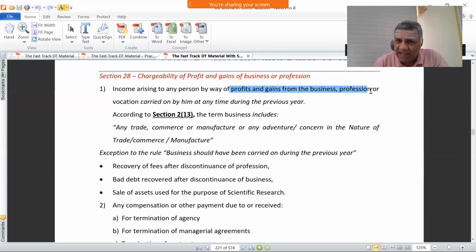Profit or gain arising from business, profession, vocation. Profession is services, exhibition of skill. Vocation is specialized learning. Business is buying, selling, manufacturing, allied activities. So the coverage starts with, if you go out of your house and there is a street vendor with a cart, he is also covered in this chapter.